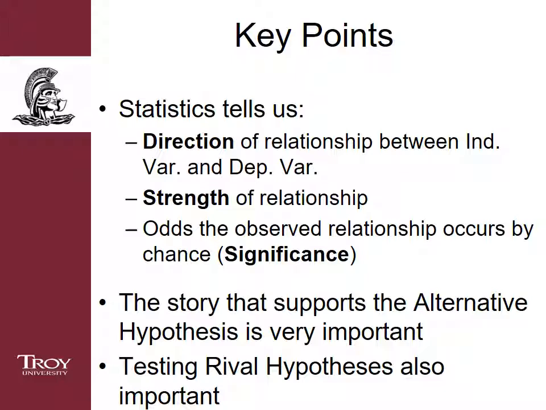But this is also why the testing of rival hypotheses is so important. Because, again, statistics just tells us that nothing is not going on. It's a double negative, right? And so what's the positive explanation here? Getting a double negative result is not the same as getting a positive one.